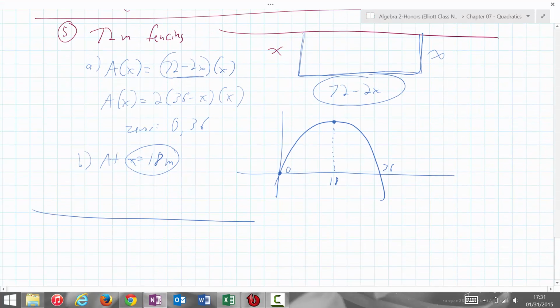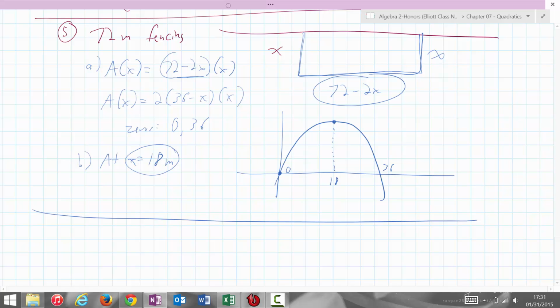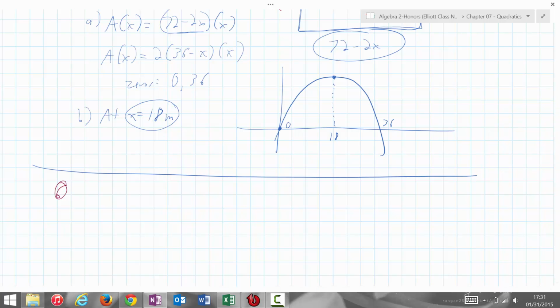So, moving on to the last one, number 6. Number 6 is just like a basic word problem question. It's saying the sum of two numbers is 30. So, sum is 30, and then I want the greatest product.